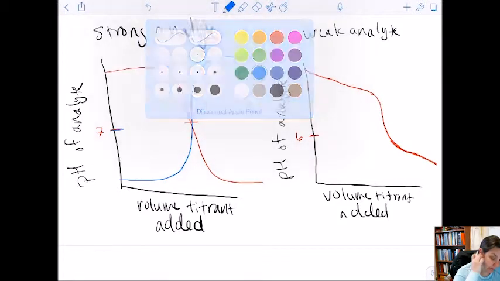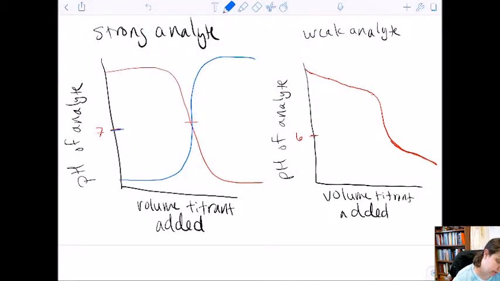And then if you have the opposite occur, you have a weak acid, something like that. That equivalence will be something more like 8, excuse me.